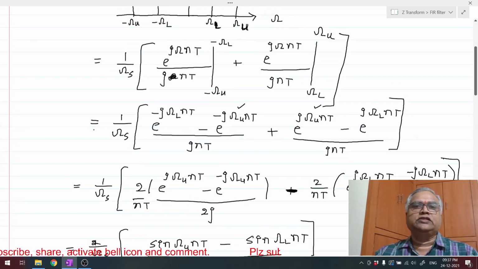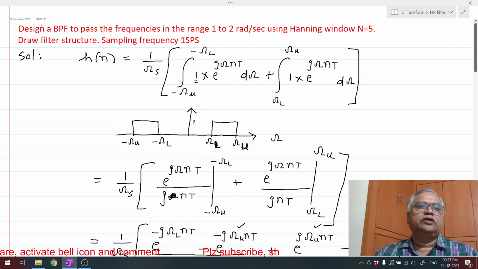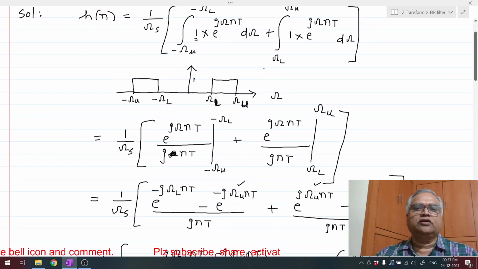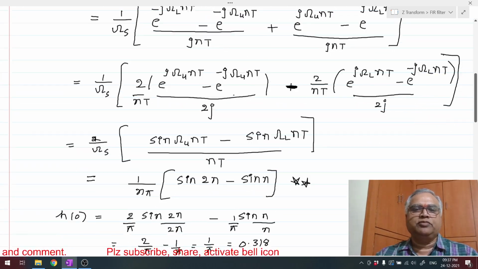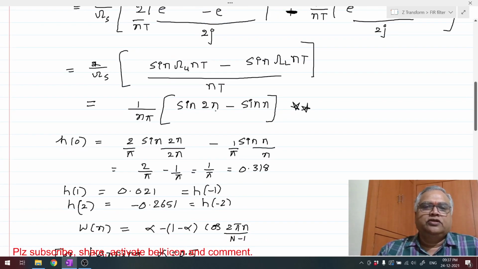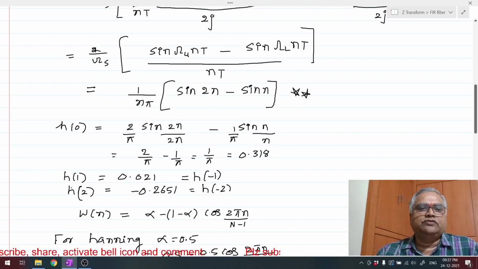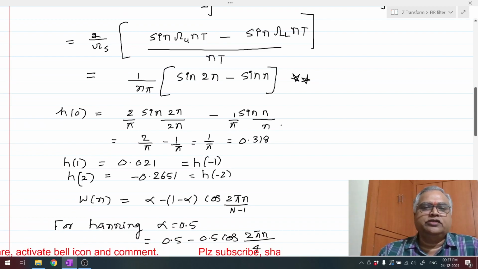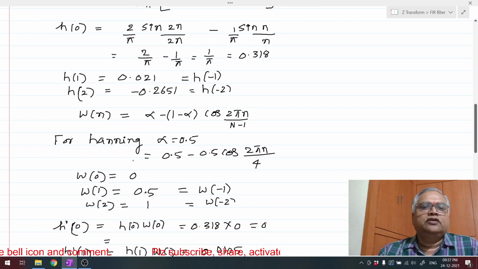So let me summarize this problem. Design a band pass filter to pass the frequencies in the range from 1 to 2 using Hanning window n equal to 5, draw the filter structure, sampling frequency given. So this is the generalized h of n formula, and integrate, simplify, you are getting this formula. This is important. Using this, find out h0, h1, h2 because window order is given.